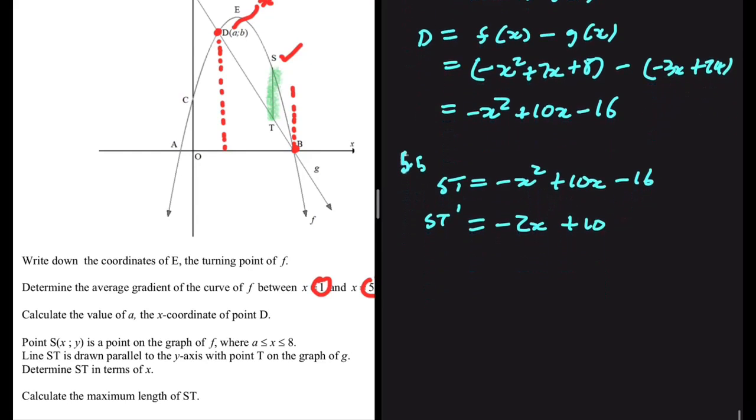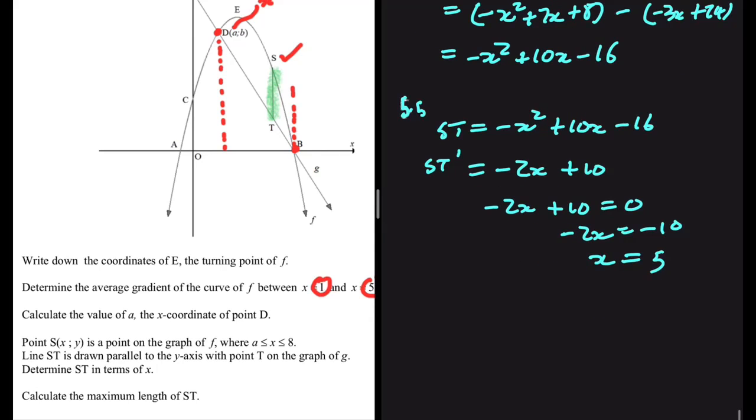We're supposed to equate this to 0. So we're going to have minus 2x plus 10 is equal to 0. Minus 2x is equal to minus 10. X is equal to 5. Now, if we substitute 5 into ST, we're going to have minus 5 squared plus 10 multiplied by 5 minus 16. This is equal to 9.